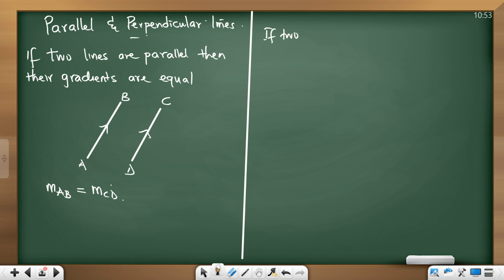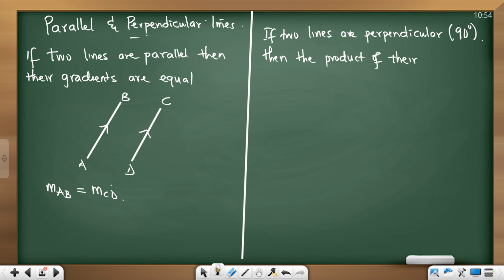Lines are perpendicular. Perpendicular means they form a right angle. Then I'll show you the product of their gradients.